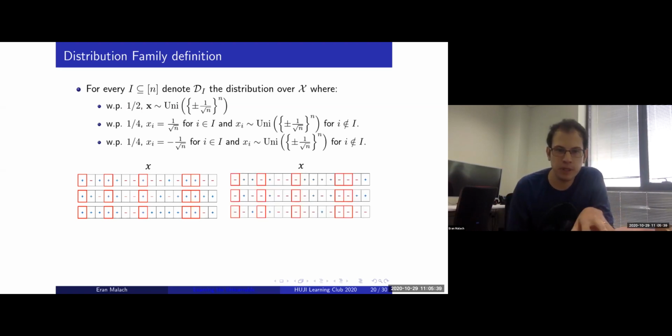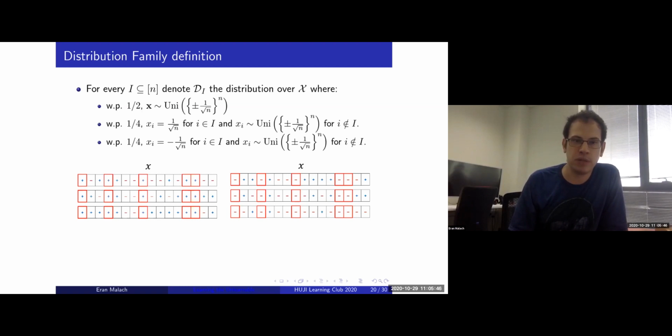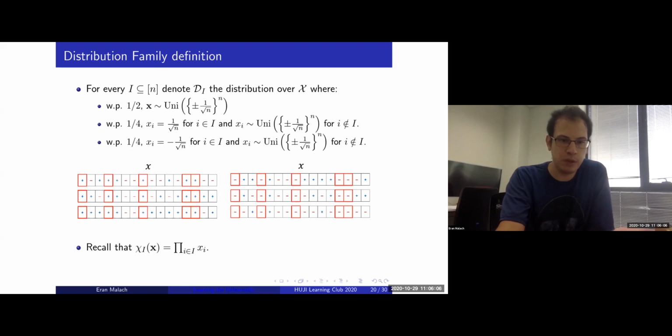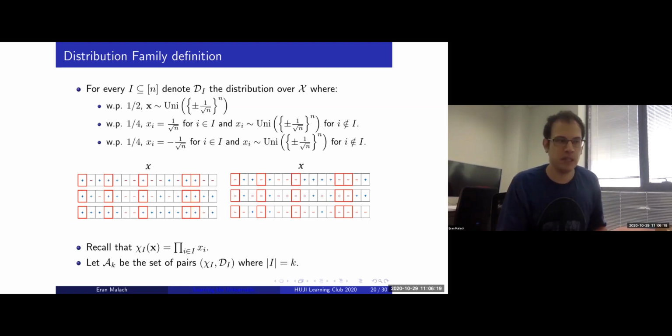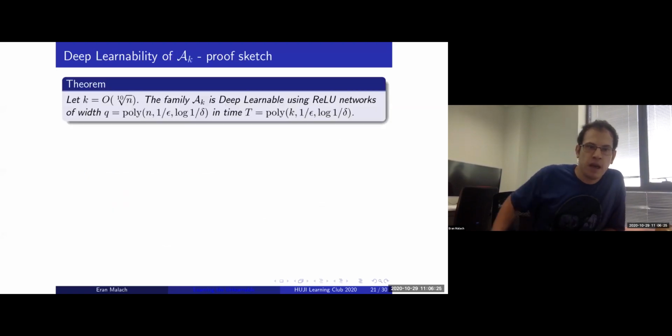And with probability 1/4, we fix all these indices to be -1, and then pick the rest uniformly at random. So for every subset I, we can define such a distribution where with probability 1/2 we're just choosing uniformly, and the rest of the time we make sure that the bits of this subset always agree with each other. And again, here we would use the parity functions, and we take the distribution family to be just these pairs of parities and the distribution that we just defined for some fixed subset. Okay, so this is the definition of this distribution family.